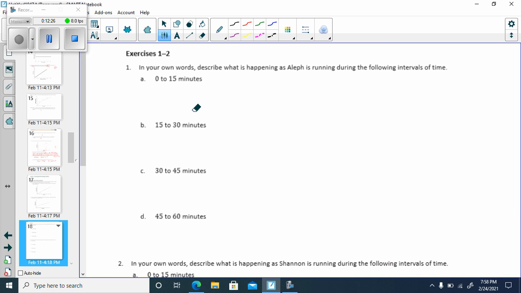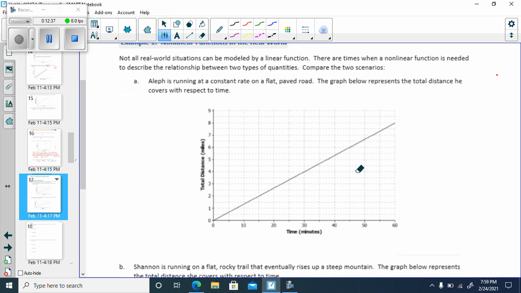Okay, on the next page it says, in your own words, describe what is happening as Aleph is running during the following intervals of time. From 0 to 15 minutes. Here's 0 minutes. Here's 15. Okay, so Aleph is going, let's look for her rate of change.